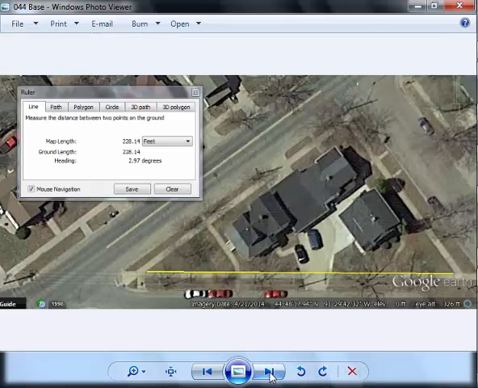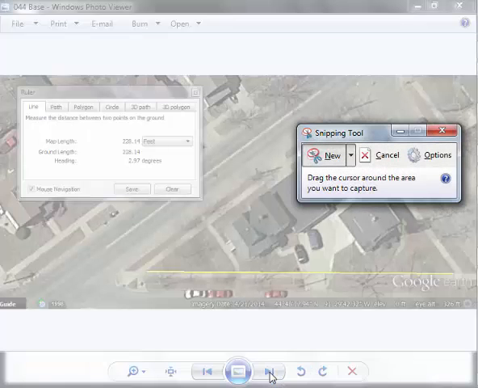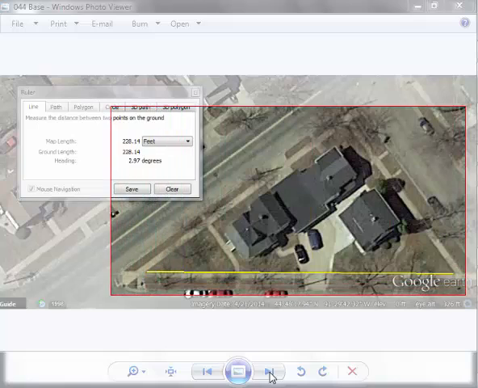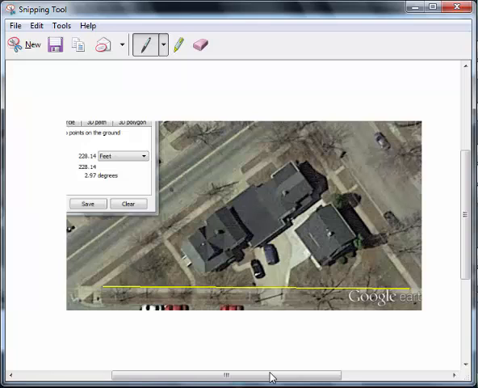Here's another one. I'm going to show you how these work together. So let's take our picture here of this triangle. And this first distance is 228 feet.